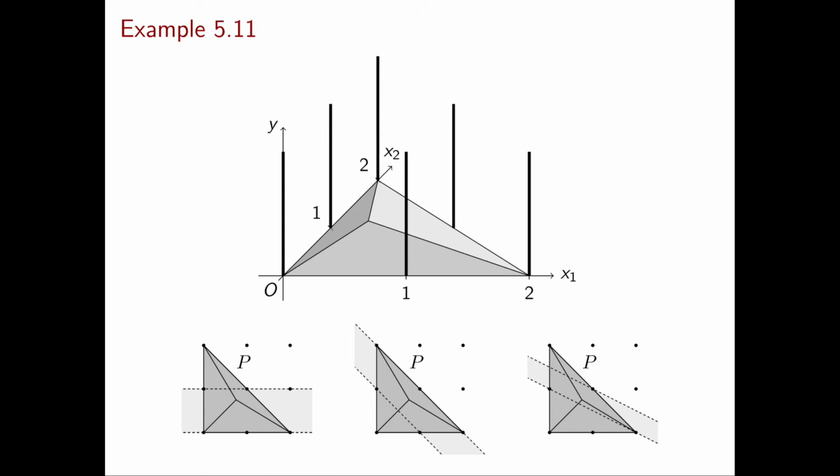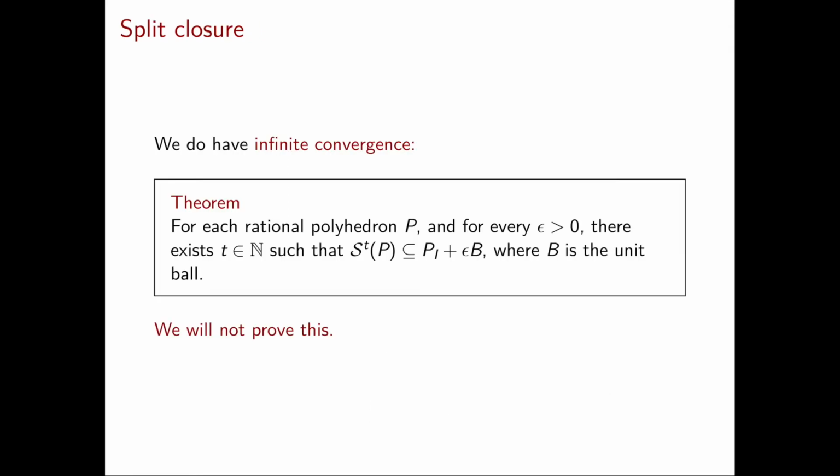Great, so I hope I could give you a little bit of the idea on why split closures will not always converge in a finite number of operations to the mixed integer hull of the polyhedron. Now, the good news though is while we do not have finite convergence, we do have infinite convergence.